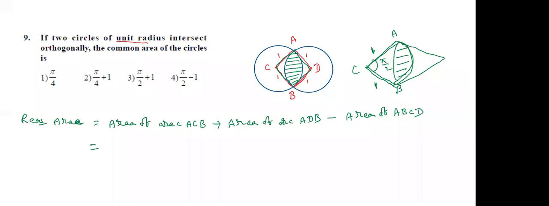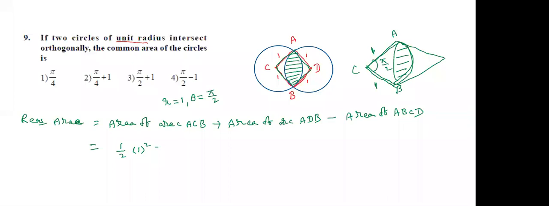Both are the same. What is the formula? Half r square theta. Here the r value is 1 unit radius, theta is 90 degrees.